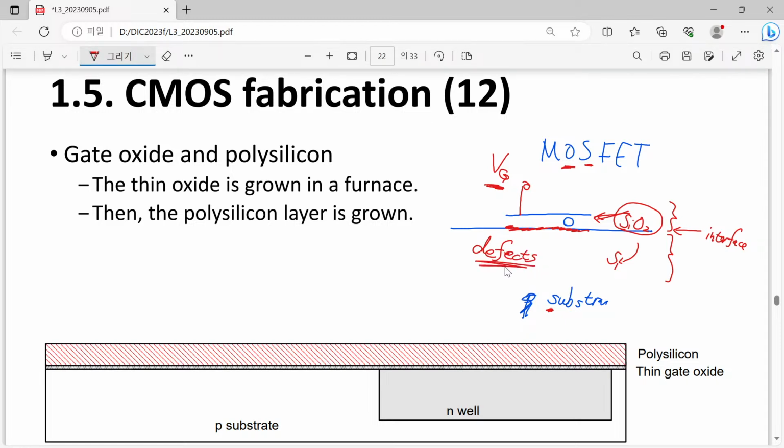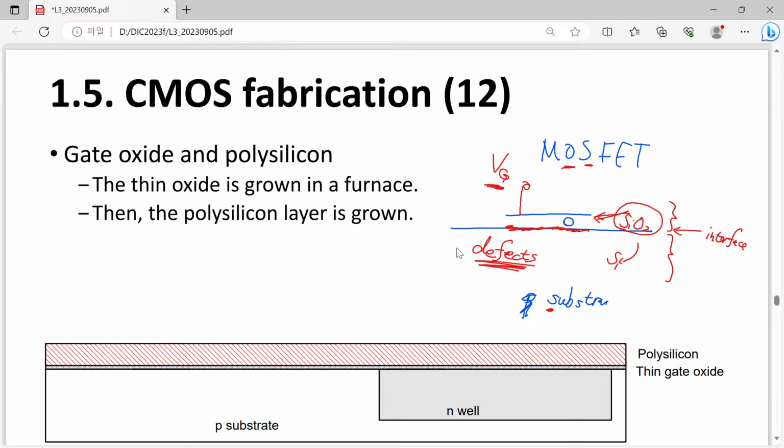These defects, structurally incomplete things, play quite an important role in the electrical characterization. So we want to minimize the number of defects in this interface. Anyway, the quality of this oxide layer is quite important.